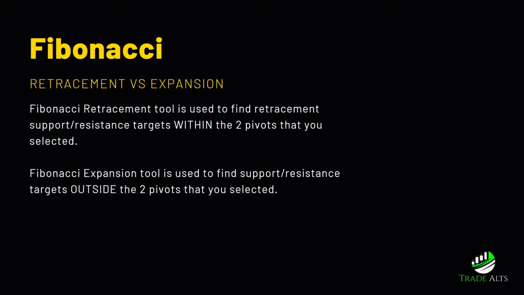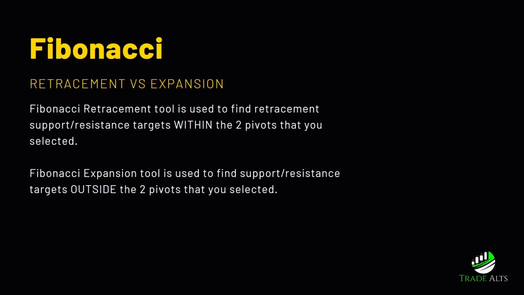The Fibonacci retracement tool, if you go back to video 2 in this series, is used to find retracement support and resistance targets within the two pivots that you select. Once you have the low and the high, for example if you're looking for a bullish retracement, then you're targeting those levels within that range that you pulled.